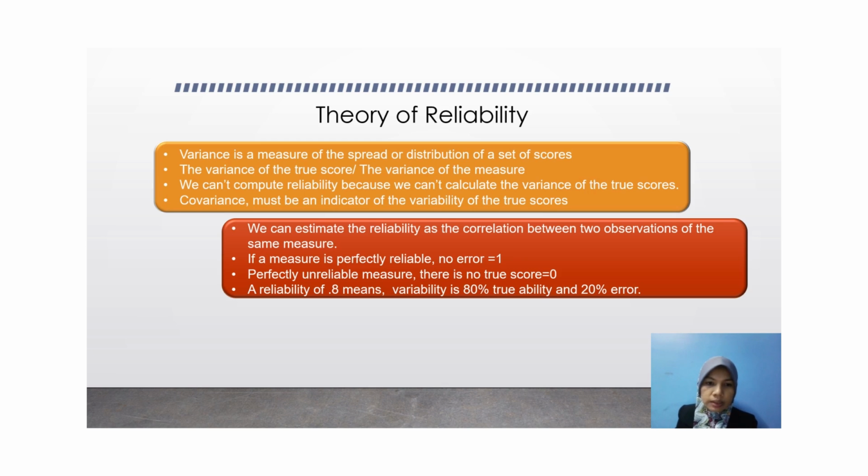Okay, a reliability of 0.8 means the variability is 80% true ability, and the balance of 20% is error.